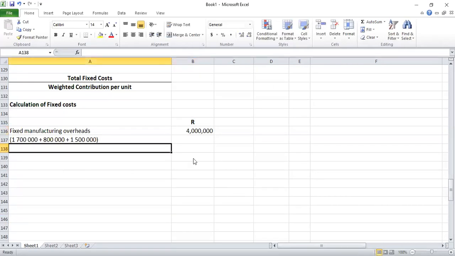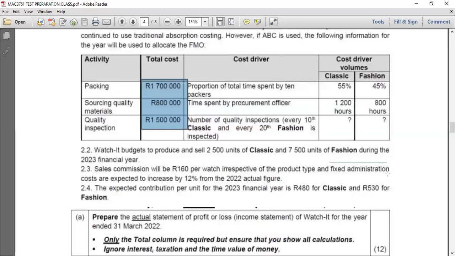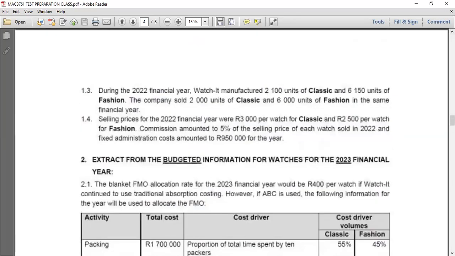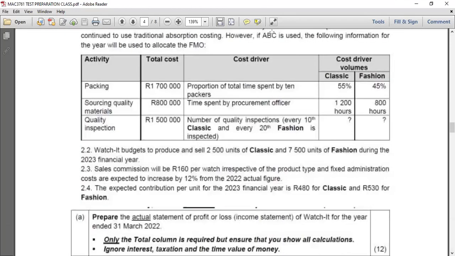Then on top of this, we are told that we also have fixed administration. They are going to increase by 12% from the 2022 figure. And we know the 2022 figure was 950. So they will increase by 12%. So we have our fixed administration.